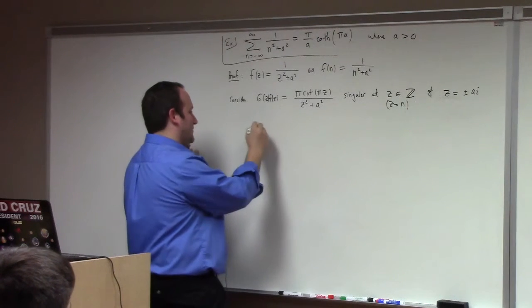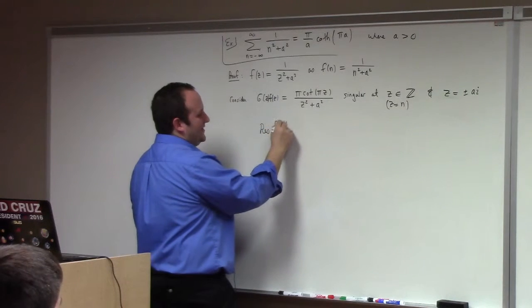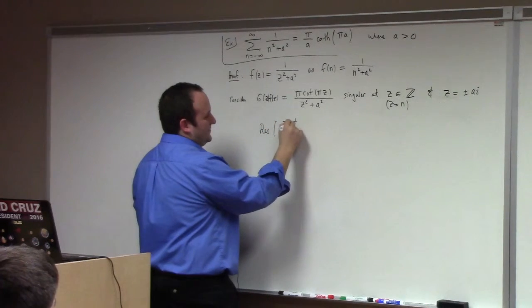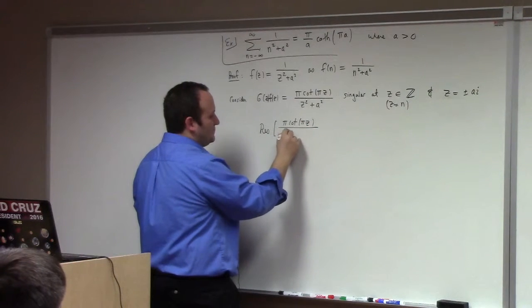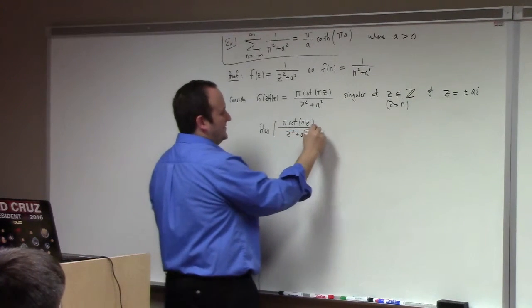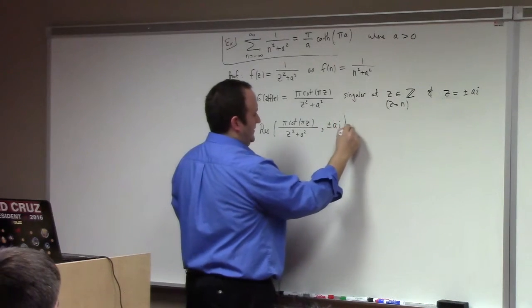Let's see here. So the residue of pi cotangent pi z over z squared plus a squared, and I'm going to be greedy and do it at plus or minus ai, is what?